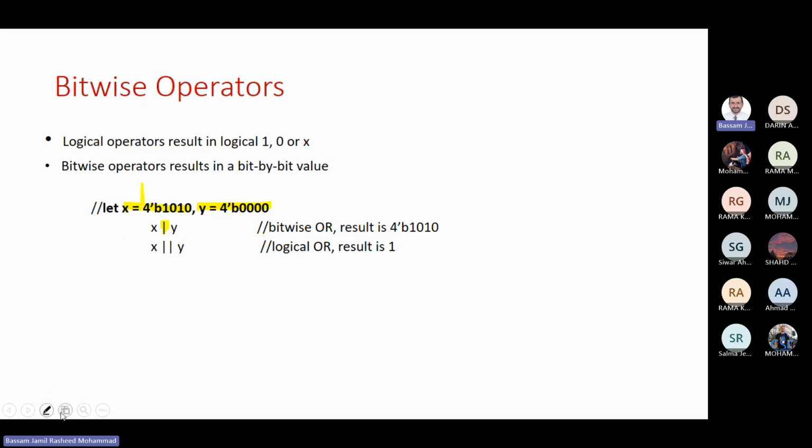So I'm going to OR this 0 with this 0. So 0 and 0, the result will be 0. Now I'm going to OR this 0 with this 0, and the result will be a 1.